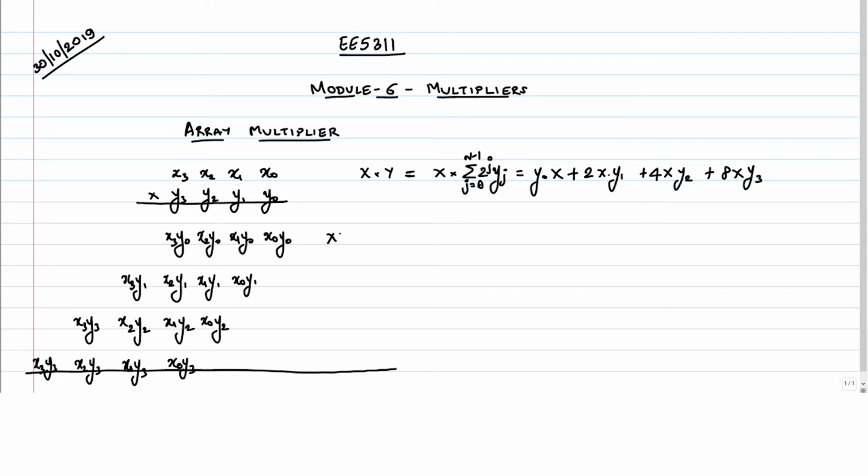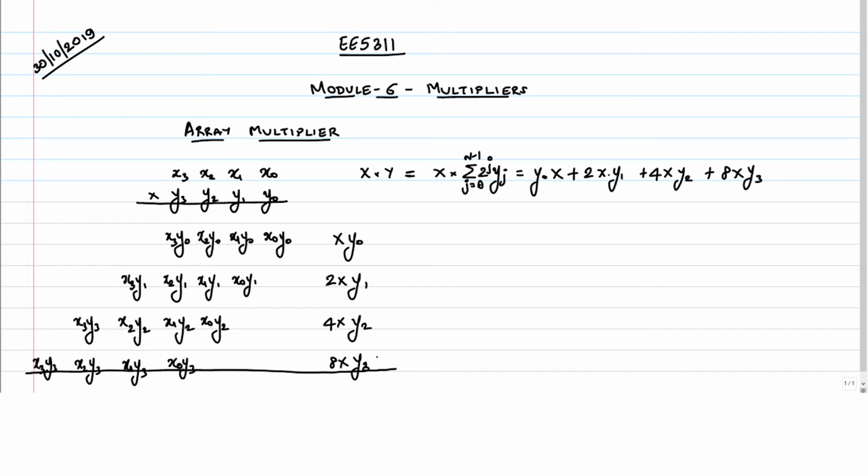This is basically x times y0. This shift and add is 2x times y1, this is 4x times y2 and 8x times y3. This is the shifting and adding part that we are doing here.